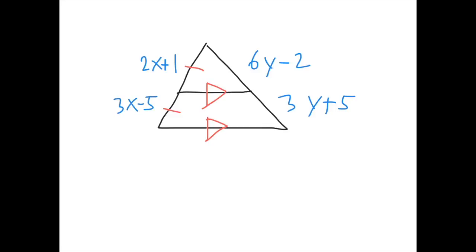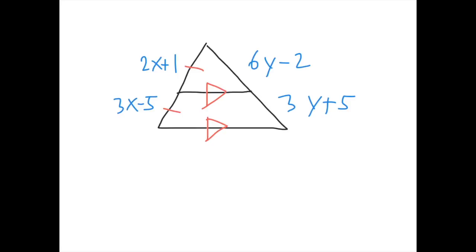Now, in this problem, again we have a triangle cut by a line that's parallel to another side, and we're given that these two are equal to each other. Well, that'll make it easy to solve for x, because all we have to do is just set these two equal to each other and solve for x. But what about these two? We're not given any information over here except these.